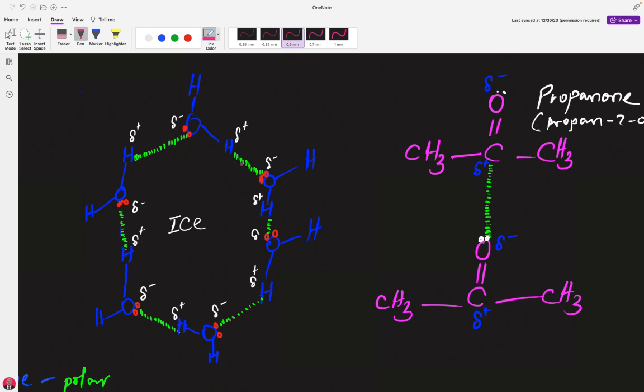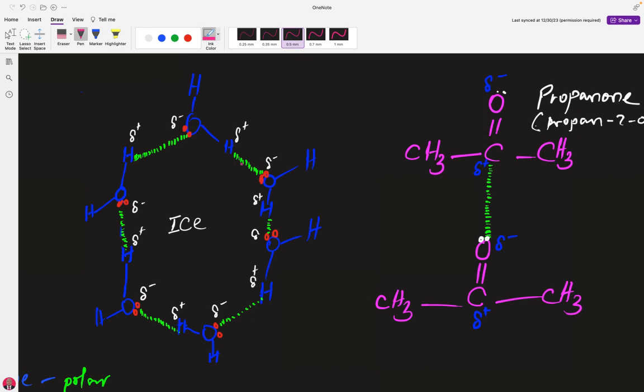But now there is some polarity between the hydrogen and the oxygen.